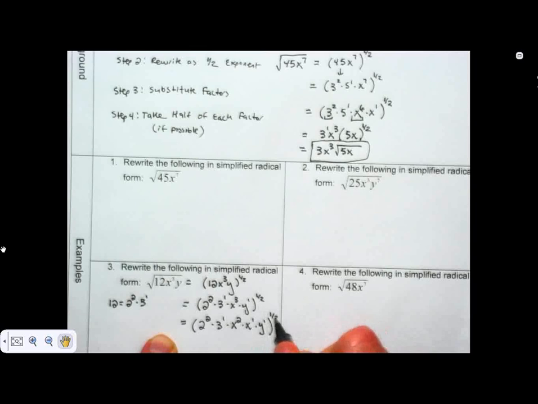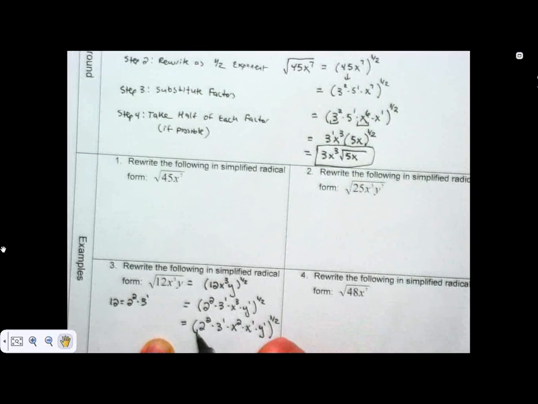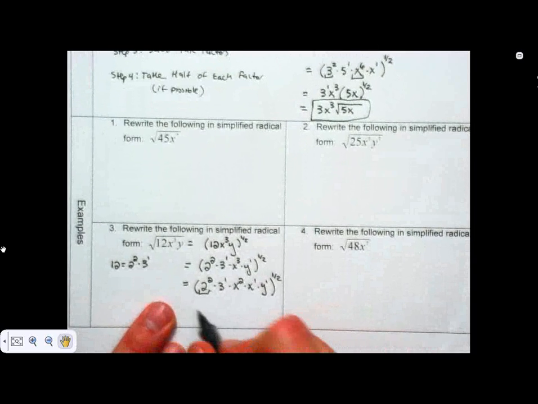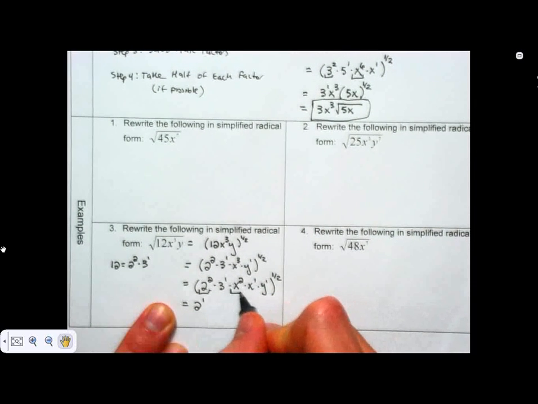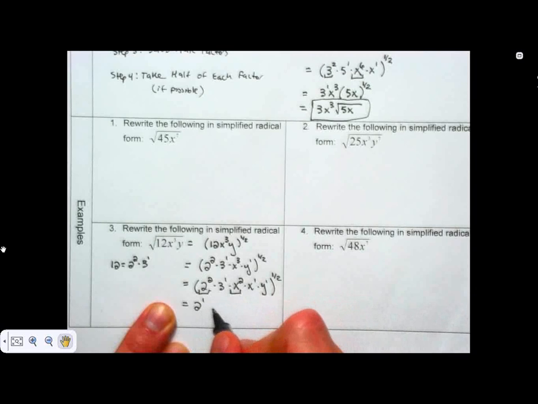And now I'm going to take half of the factors that I actually can. So if I take half of the factors of 2, that leaves me with 1 factor of 2. If I take half the factors of x squared, that's going to leave me with x to the first. And then what's left underneath is 3xy.